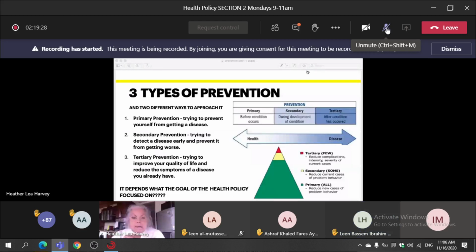If you've been really sick, let's say people that have had COVID and had a really bad reaction, they talk about these long haulers. What they're doing to exercise and try to get their life back to where it was before they got it, that's the tertiary, because they no longer have COVID, but they're still dealing with signs and symptoms of the disease that they had.